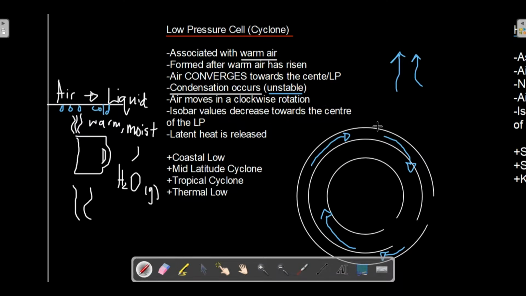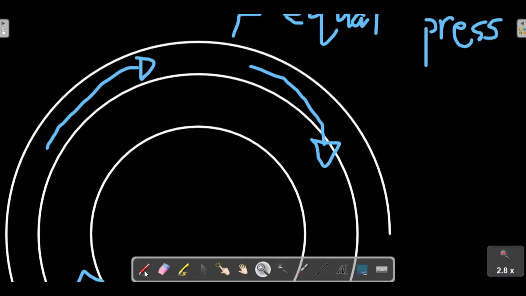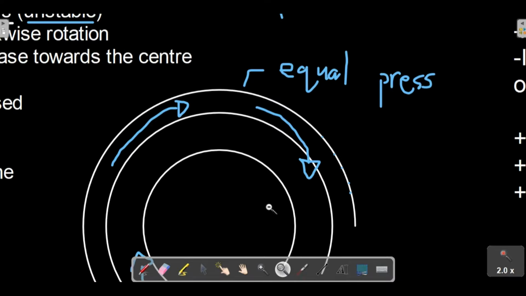Isobars, you guys do know, basically join areas of equal atmospheric pressure. So for example, each area in this particular isobar has the same isobar value.